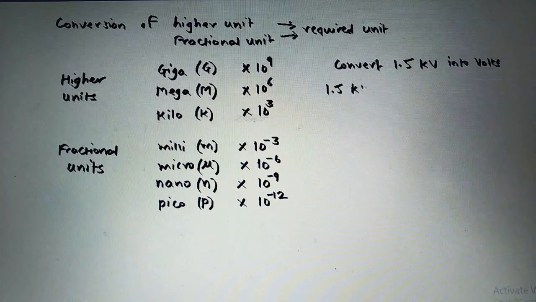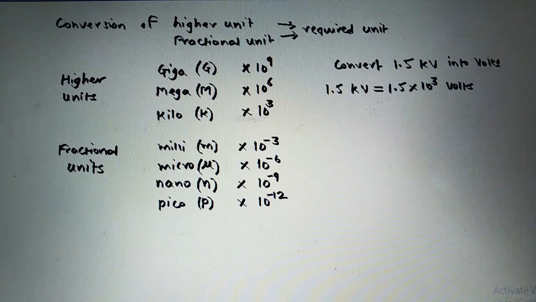If we have to convert this 1.5 kilovolt into volts, we multiply 1.5 by 10 to the power 3. See here, the conversion for kilo is 10 raised to 3. So 1.5 into 10 raised to 3 volts.